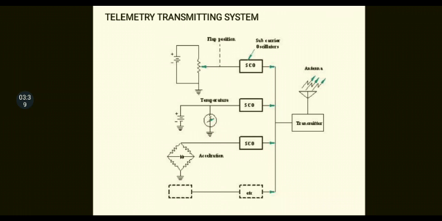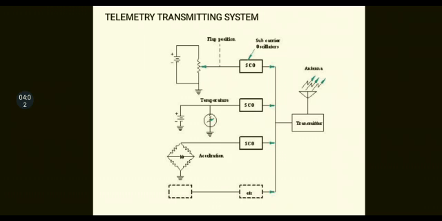So this is the pictorial representation of the telemetric transmitting device. At the extreme end you can see an antenna. The arrows are showing outward, in the sense the information is sent or relayed out.